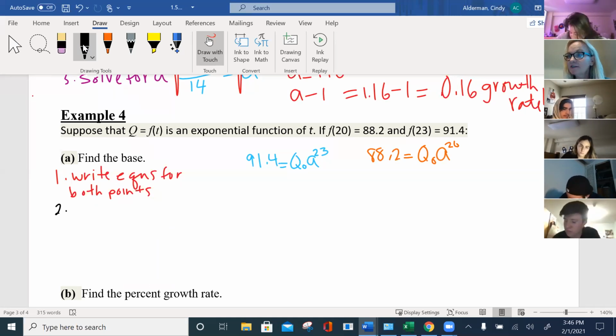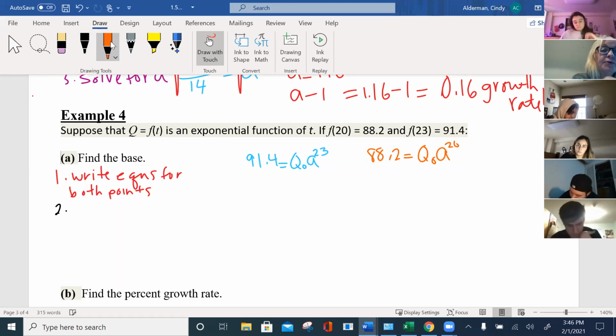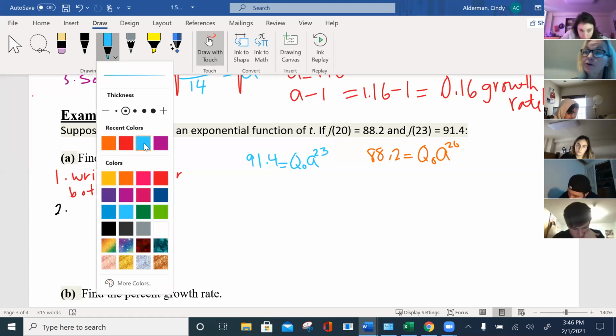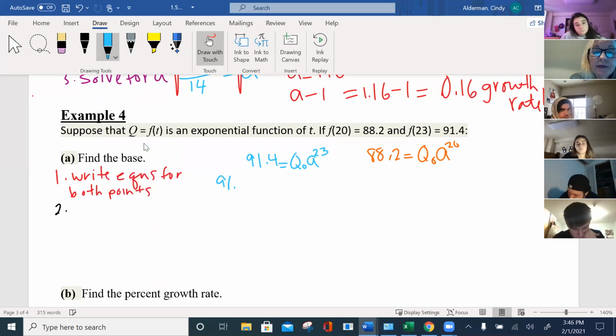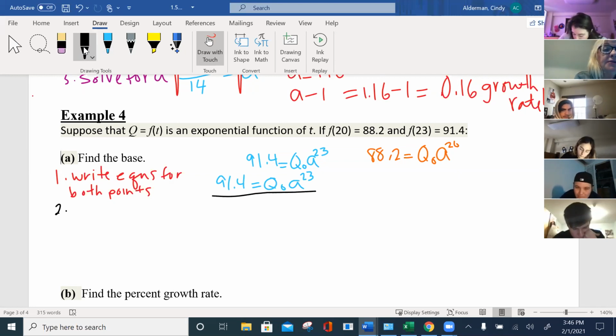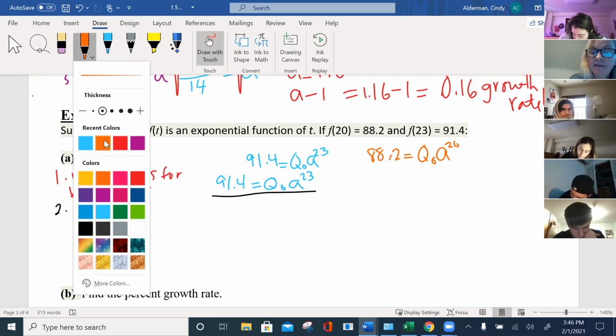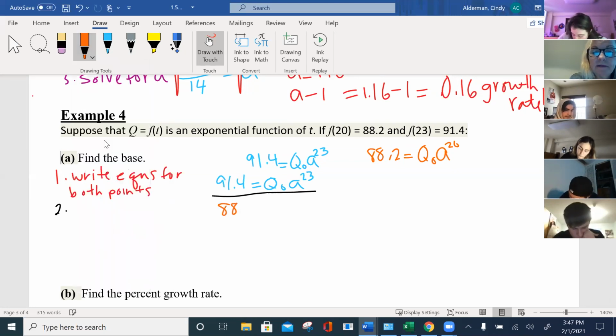Now the next step, what it has you doing is we're going to eliminate Q sub 0 so that we can find out what A is, because we've got 2 variables that we don't know. So we're going to use this cool trick. Since we know they're related to each other exponentially, we can take 91.4 equals Q sub 0, A to the 23rd, and divide by the other exponential equation, which is 88.2 equals Q sub 0, A to the 20th power.